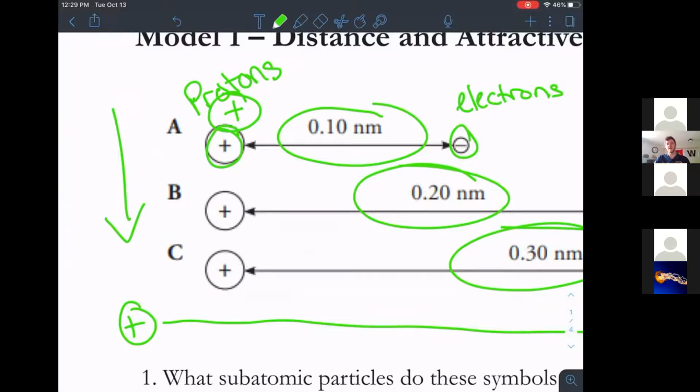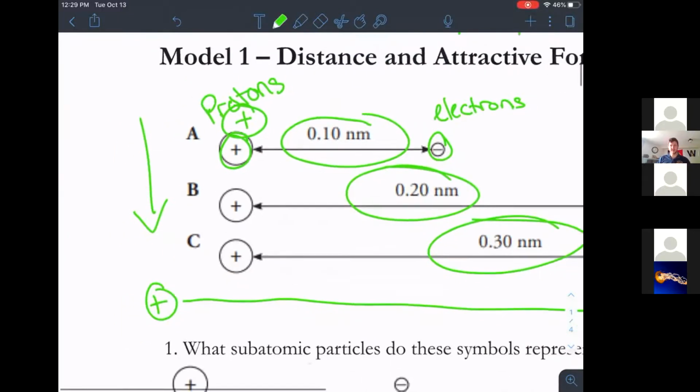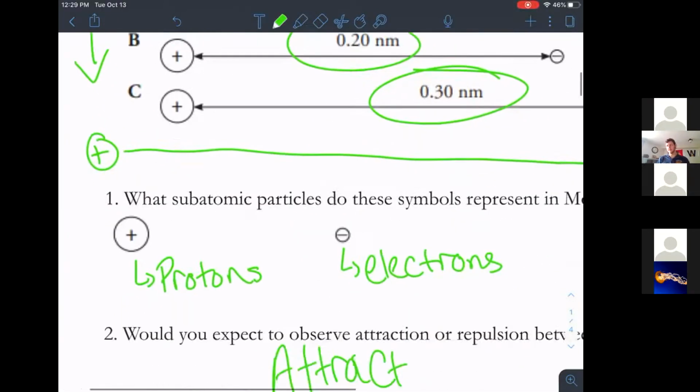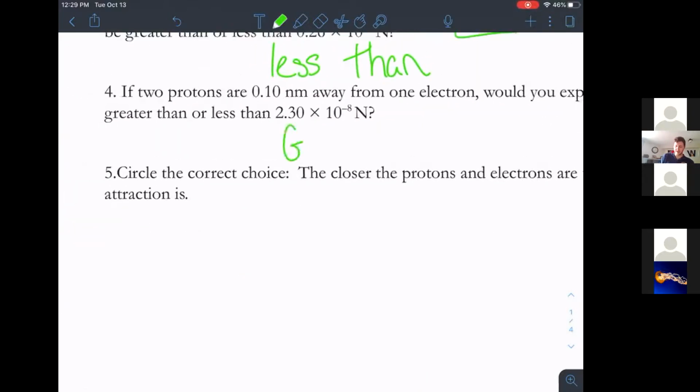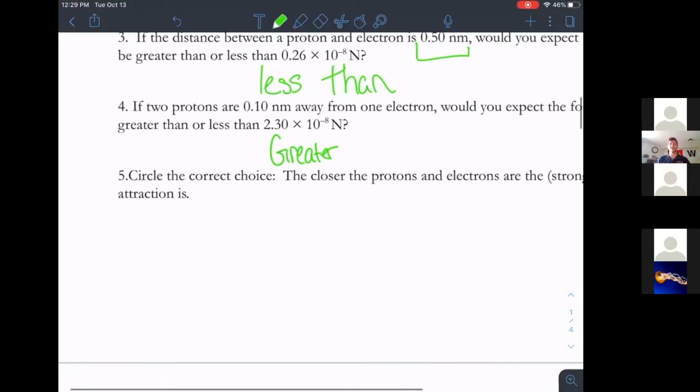Anybody else want to go for it? All right, it's going to be greater than. So the more protons, the more positive, then there's going to be a larger pull on those electrons to get them closer. So it's going to have that greater force, or it's going to be a larger number than the 2.3.